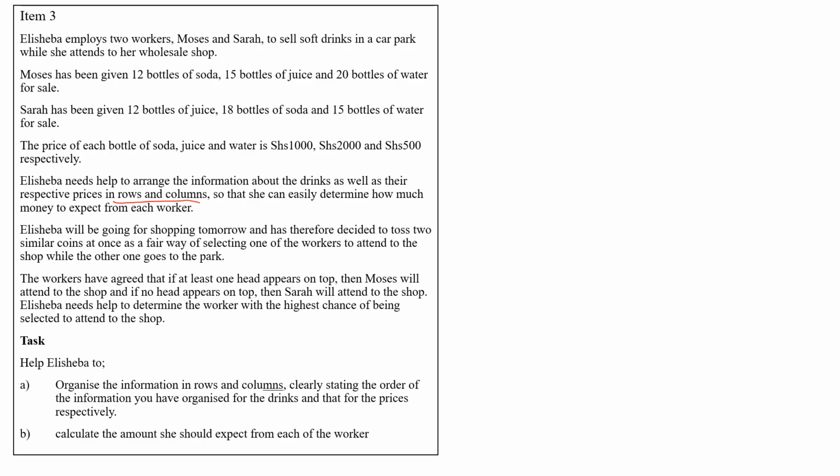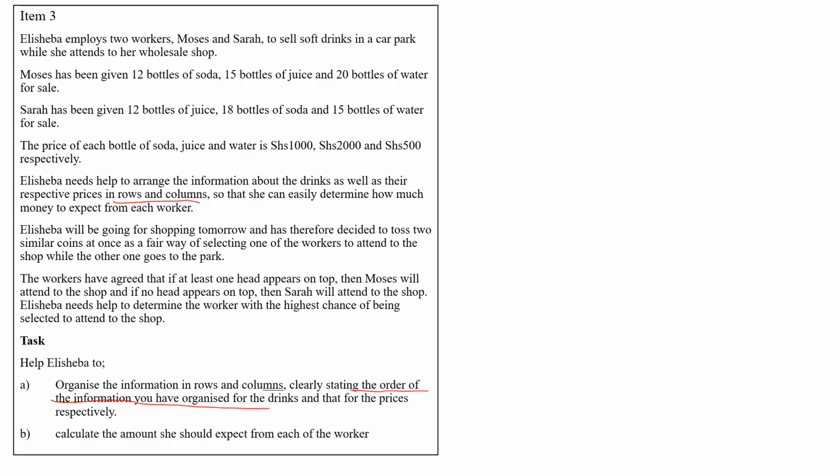So here in our task, it is seen clearly stating the order of the information that you have organized. What I also saw in this item for matrices is that it wasn't hard, but the only challenging part was changing the order.